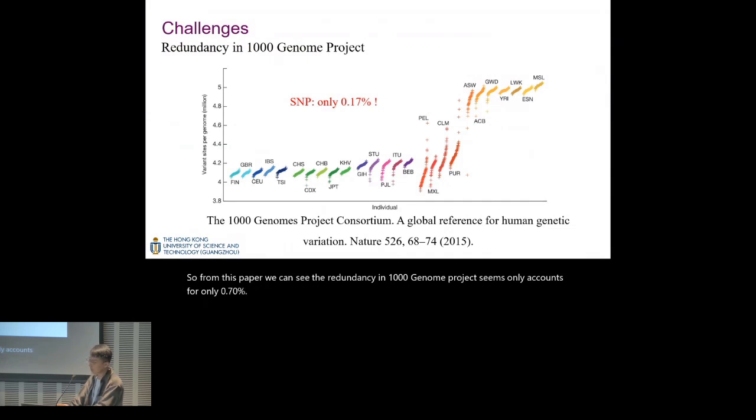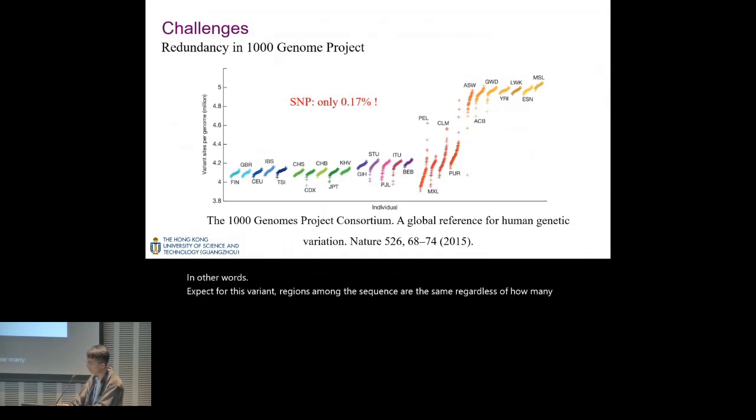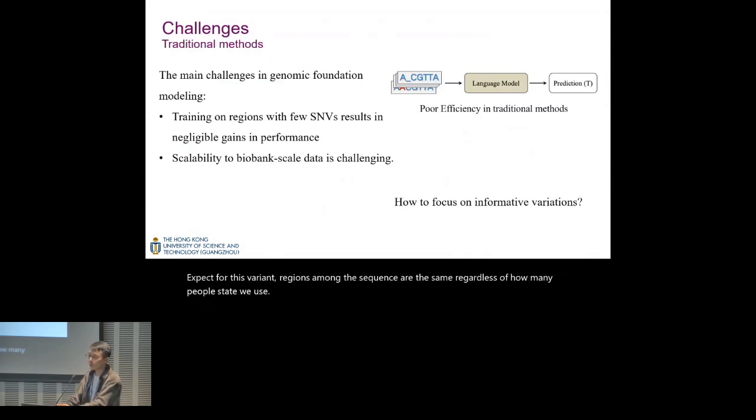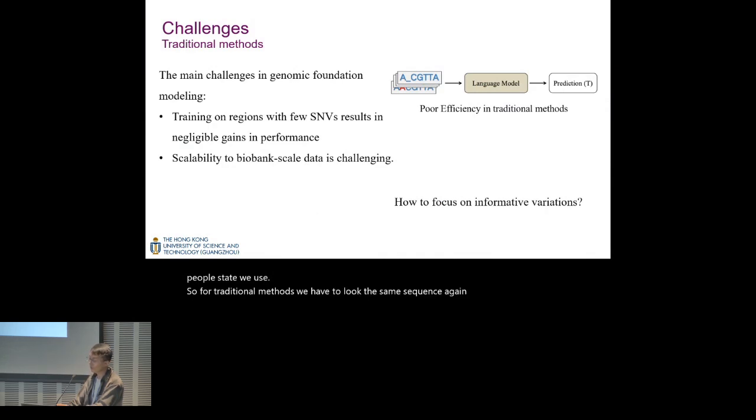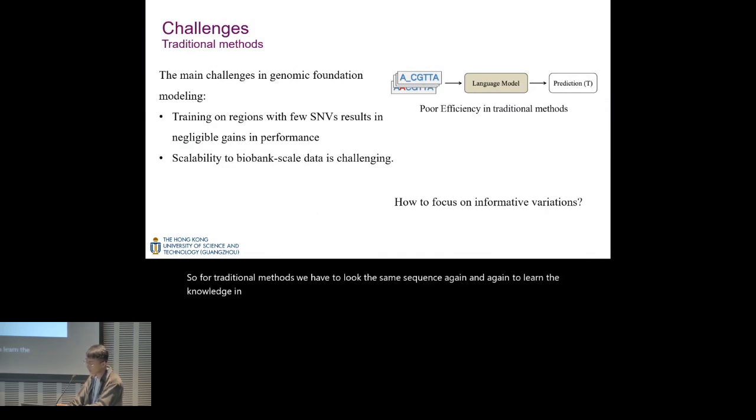In other words, except for these variant regions, most sequences are the same, regardless of how many people's data we use. So for traditional methods, we have to loop over the same sequence again and again to learn the knowledge in the genome language.